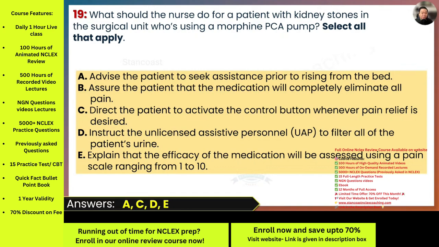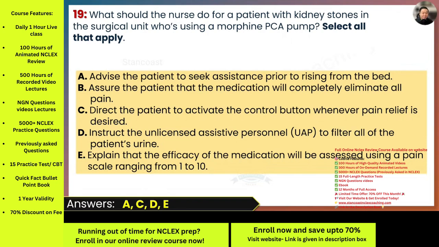Letter D is also correct, especially in patients with kidney stones. It's essential that they strain the urine to monitor for the passage of renal calculi. This is something that the UAP can do to capture those stones that may be passed by the patient, so they can be sent to the lab for analysis.